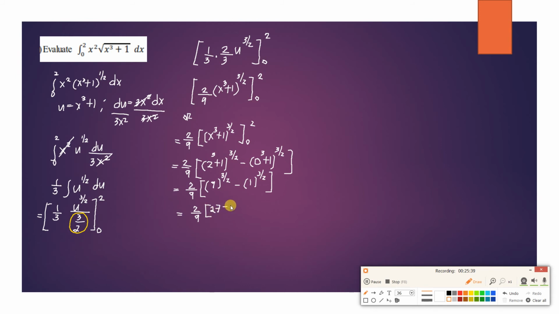So, since the base is 1, so this is the same as 1. So, 27 minus 1 is 26. So, 26 times 2, we have 52 over 9. So, kung pwede pang i-reduce yan, we need to reduce. But if not, kung wala, so this is our final answer.